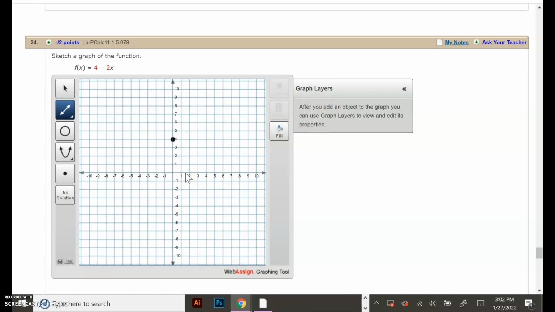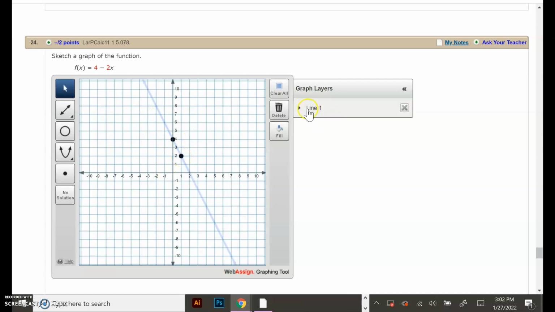So we need to provide WebAssign with some more information before it trusts that we know what we're doing. So if I plug in 1, for example, and again, you don't have to plug in 0 and 1. You can plug in any number you want that's on this axis here. But if I plug in 1, because these are easy numbers, 4 minus 2 is 2. So if I plug in 1, I get 2 out. So I'm going to click 1, 2 here.